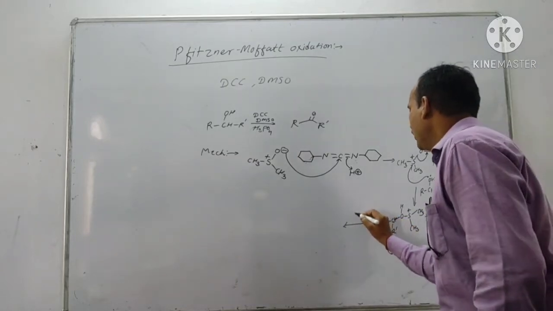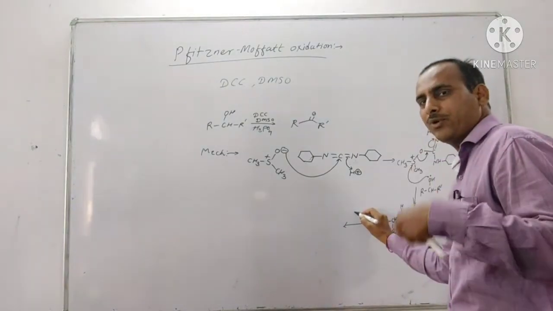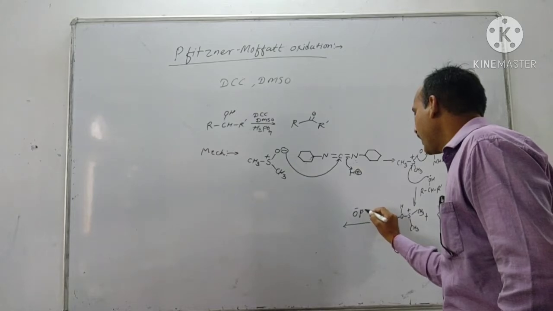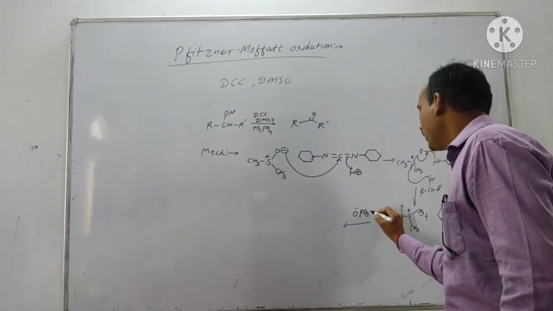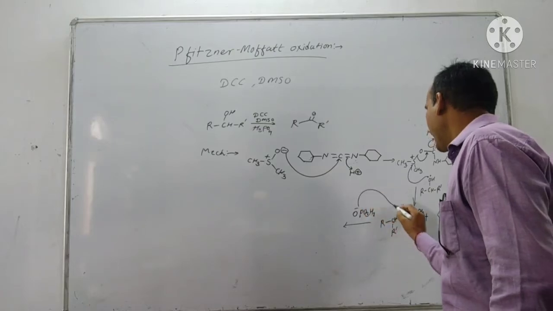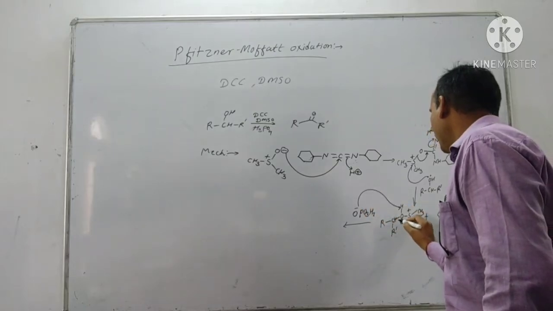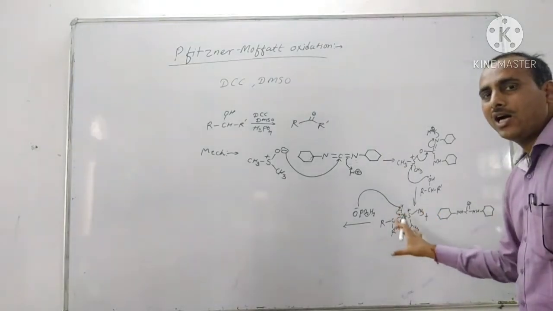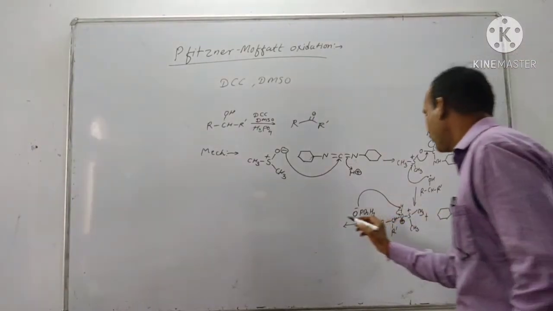Then from the phosphoric acid a proton is removed, therefore there is formation of O minus PO3H2. This O minus takes the proton and the lone pair of oxygen is retained.